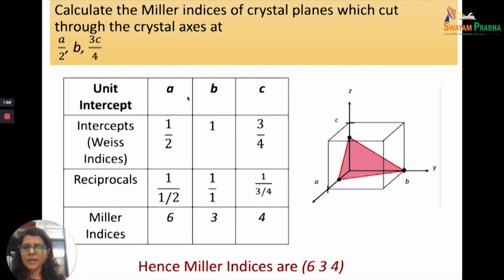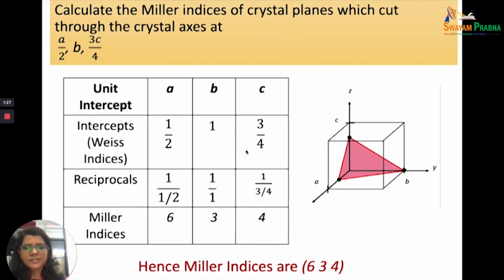Let's take another example. In this example, the intercepts made are a by 2, b, 3c by 4. Look at this figure. This is the plane. It makes an intercept of a by 2 on the x-axis, b on the y-axis, and 3 by 4 c on the z-axis.